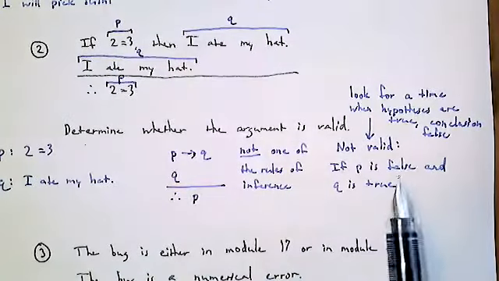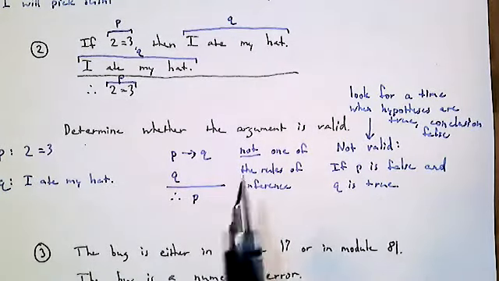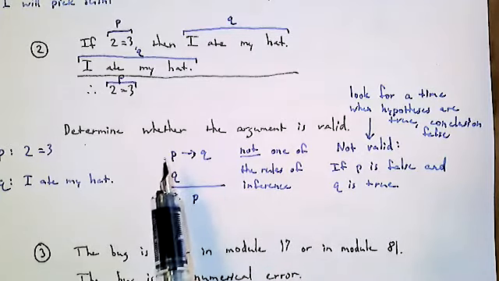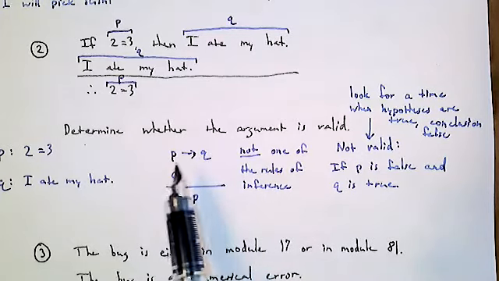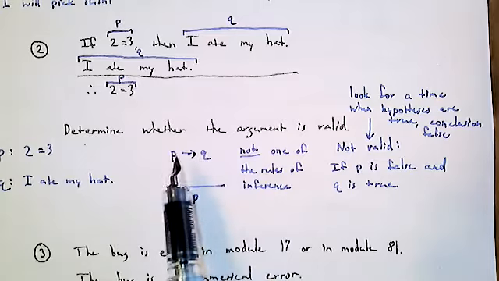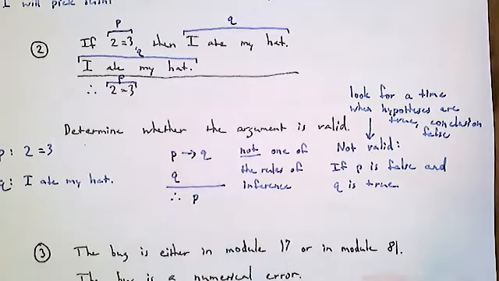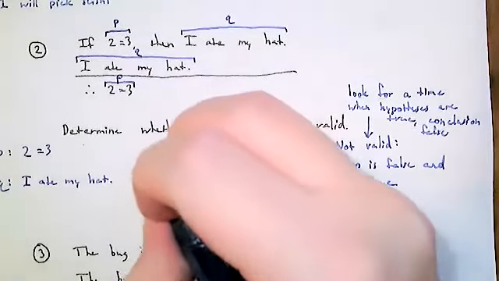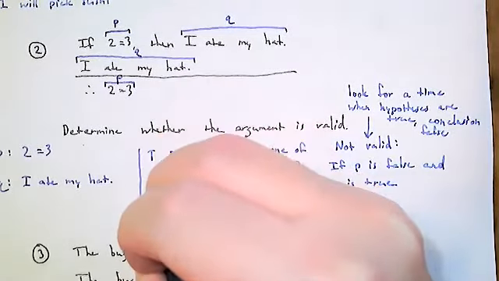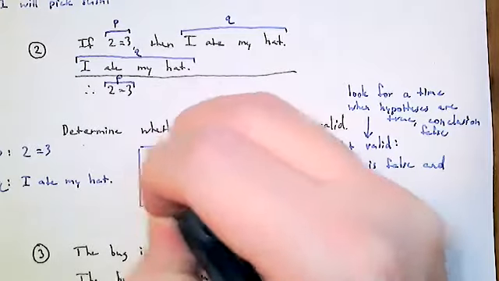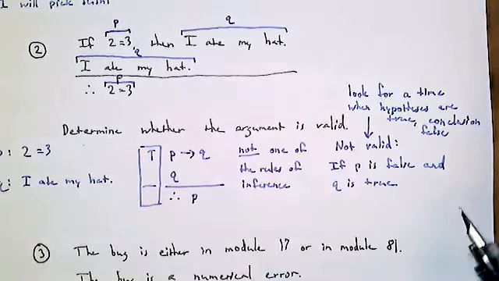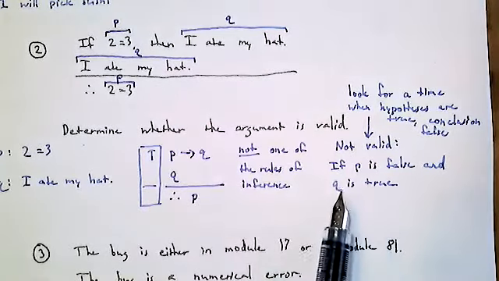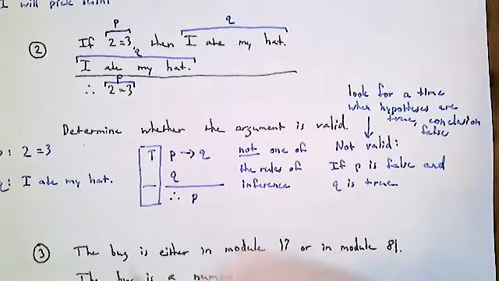So if P is false and Q is true, then the first part of the argument, the conditional, is vacuously true because the hypothesis is false. So let me just put a T here. Maybe you'll make an extra column. And I'm also saying Q is true.